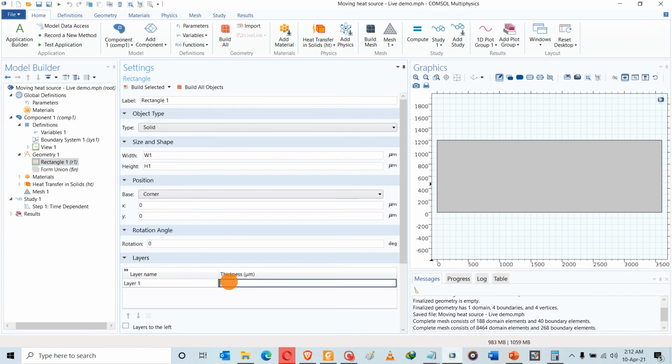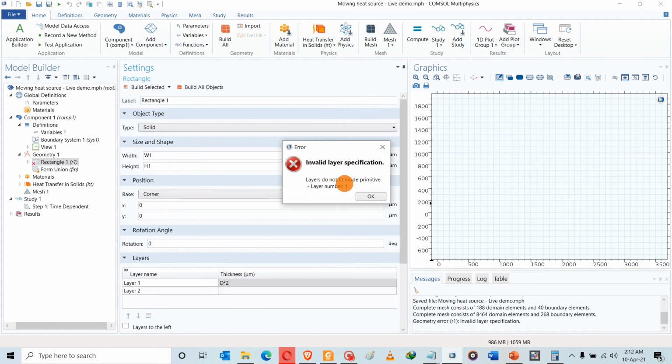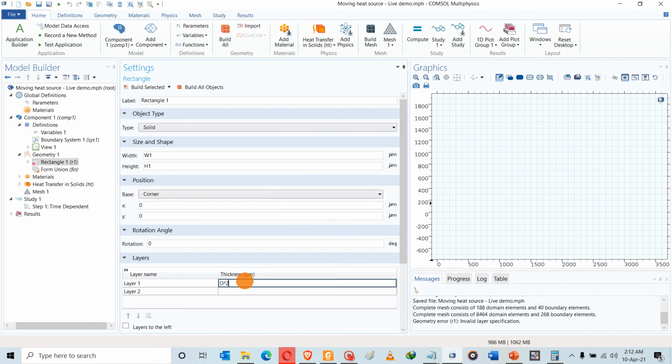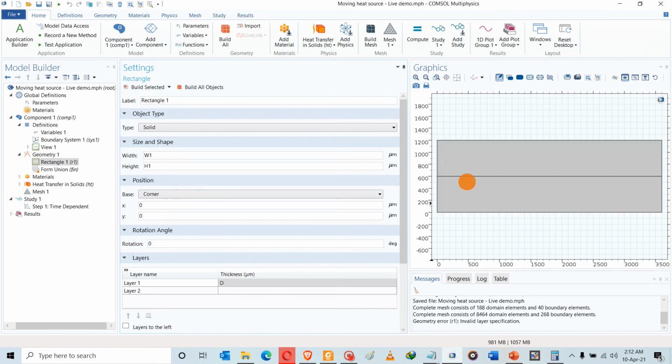Let's say make that D times 2. Or D, let's see what it looks like. Okay. So we're going to have a very fine mesh here at the top. And then here we're going to have a coarse mesh. This is just to simplify the computation for the software.